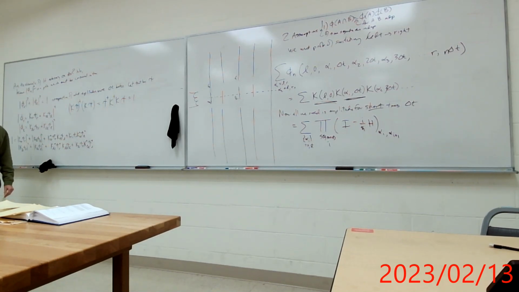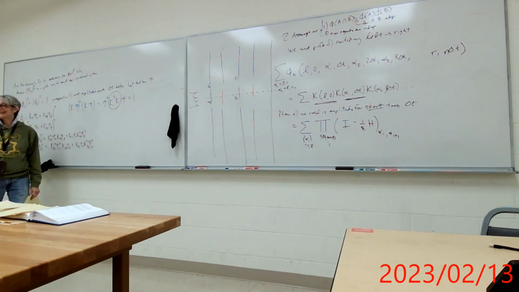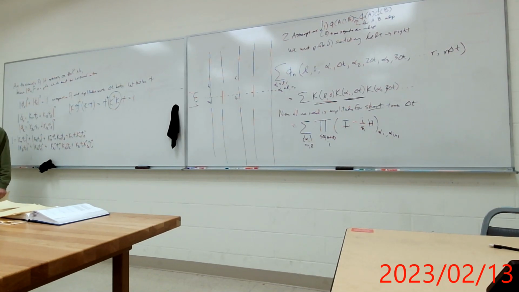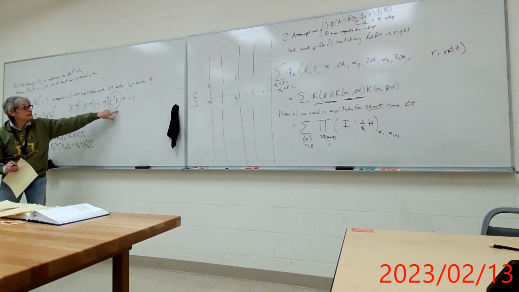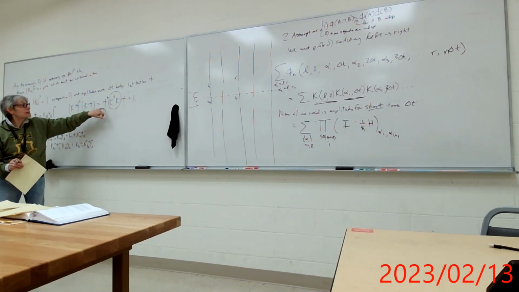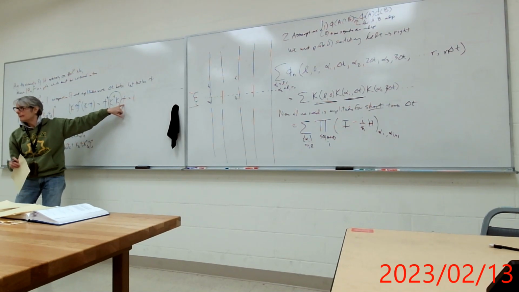So what have we just found out? We've just found out that K is unitary. Because the only way this can be 1 is if this is the identity matrix, because we know that psi dagger psi is 1.